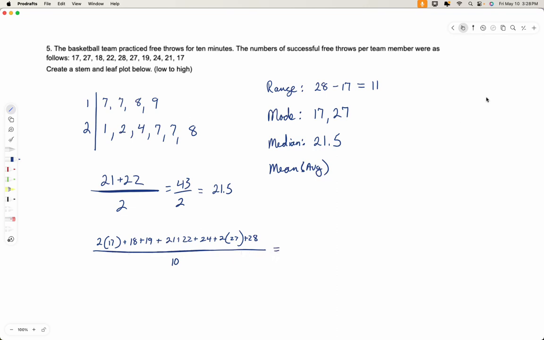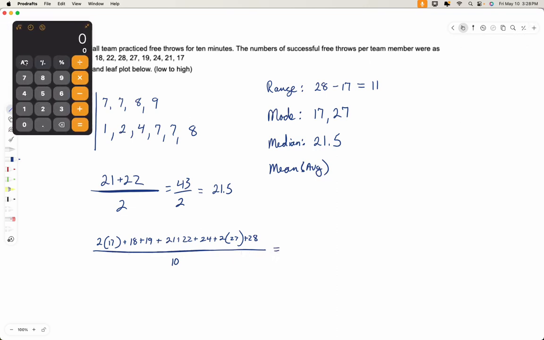So we just put all that in the calculator. It's 220. So 220 divided by 10 is 22. So that would be your mean.